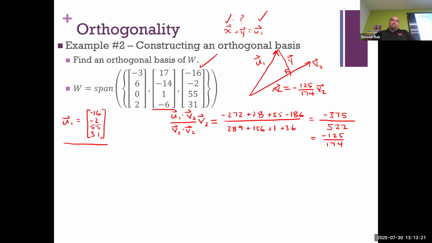I think I lied to you all again. I think I made the same mistake I made yesterday. I don't want something orthogonal to v2. I want something orthogonal to u1.